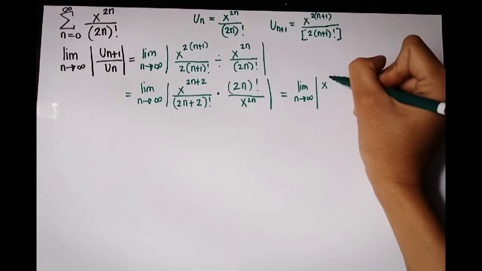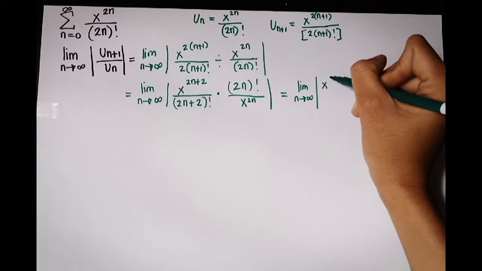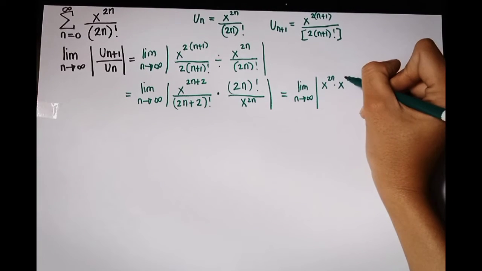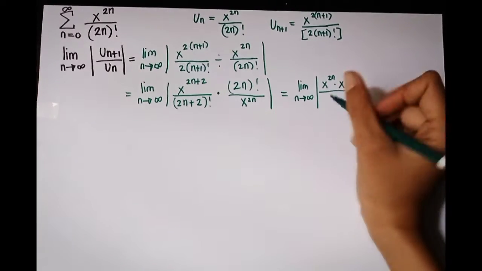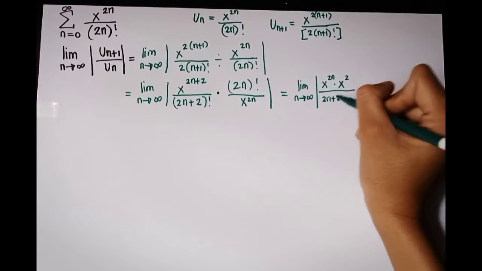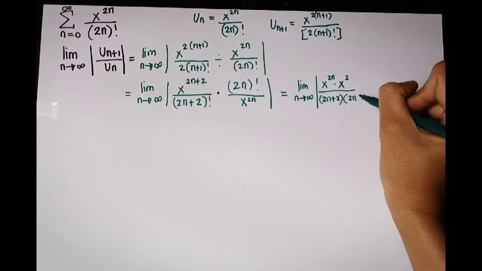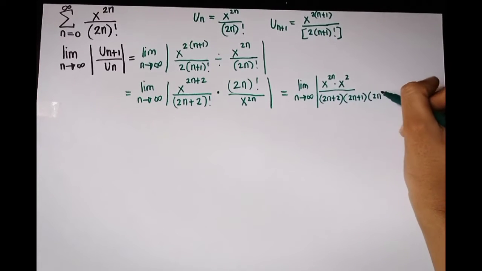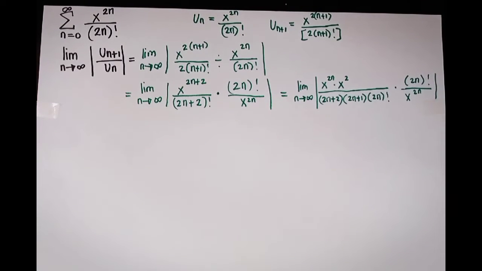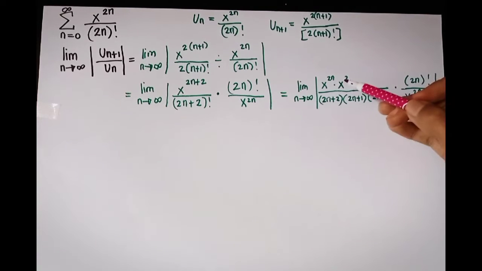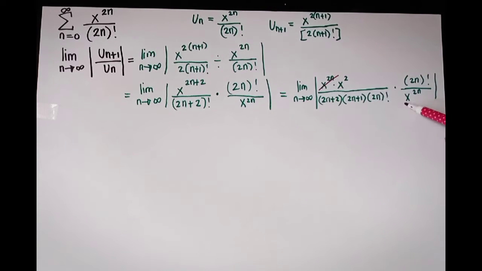I'm going to factor this out: x raised to 2n times x raised to 2, over 2n plus 2 times 2n plus 1 times 2n factorial, then copy 2n factorial over x raised to 2n. So we can now cancel the same terms: x raised to 2n and x raised to 2n, then 2n factorial and 2n factorial.